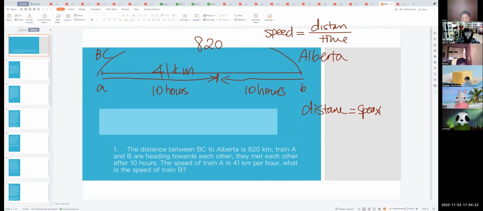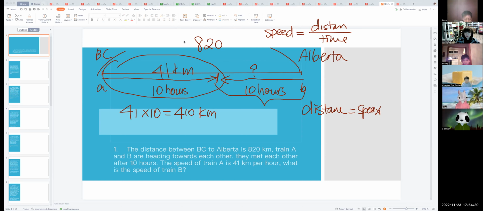Do we know the speed of train B? We don't know that, right? But we know train A has finished 41 times 10 equals 410 kilometers, correct? The total is 820. So what is the distance that train B has finished, Brandy?